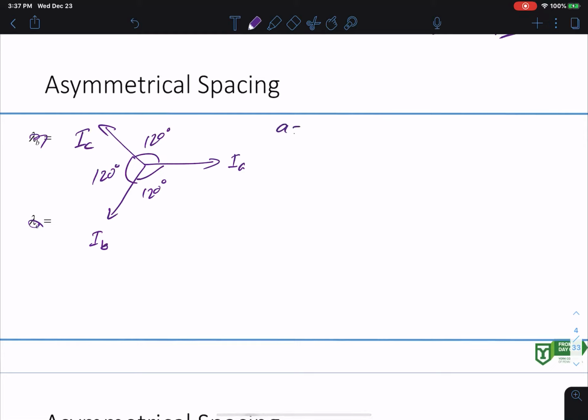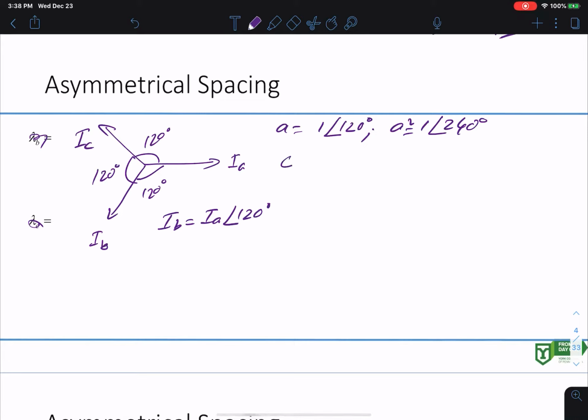The parameter a is 120 degrees. If we have the parameter a introduced here, then a squared would be 240 degrees. You all know this from your complex math. Now let's see your IA here. If you compare the other two with IA, your IB is basically IA at 240 degrees, going counterclockwise.